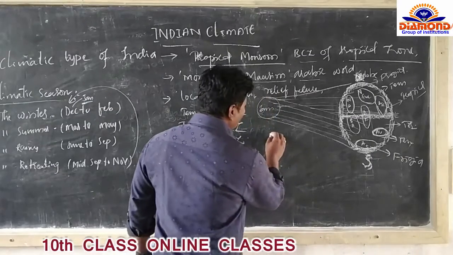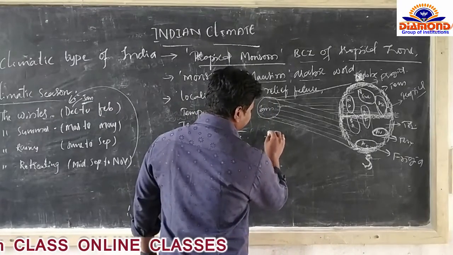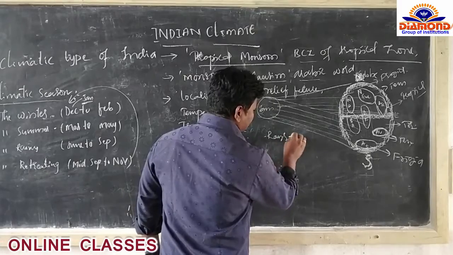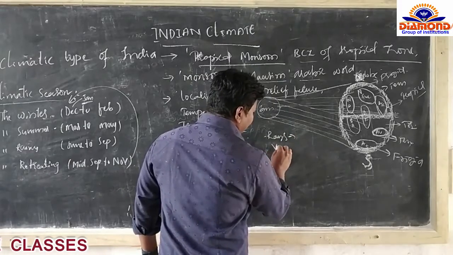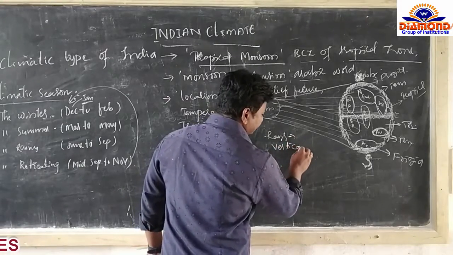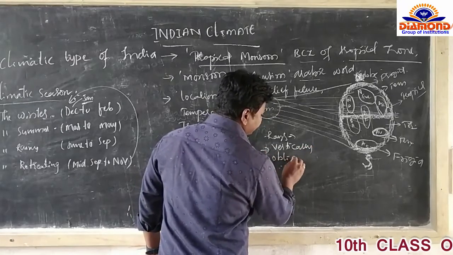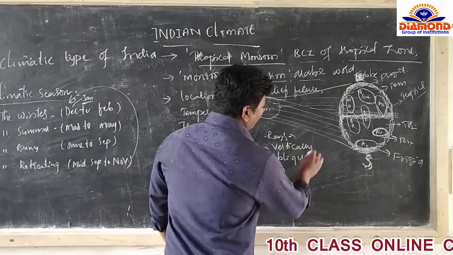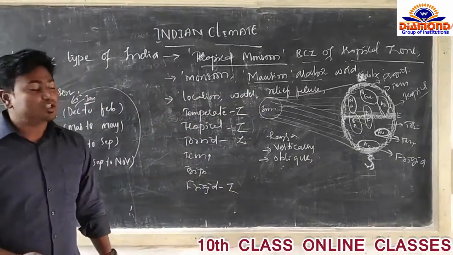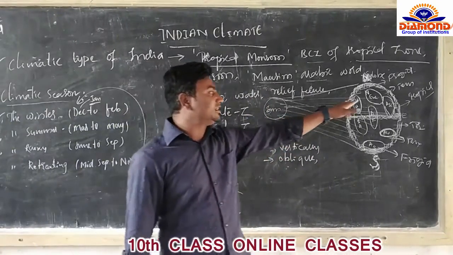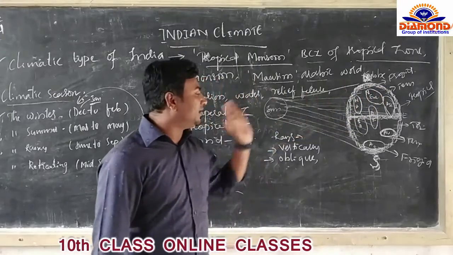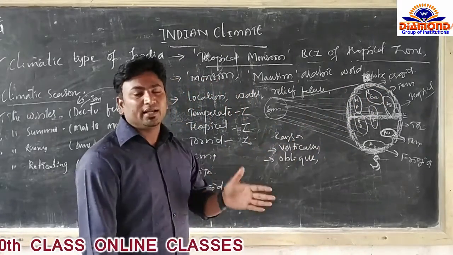There are two types of rays. One is called vertical rays, and the other is called oblique rays. The oblique rays reach the northern part of India, which does not have the direct rays.